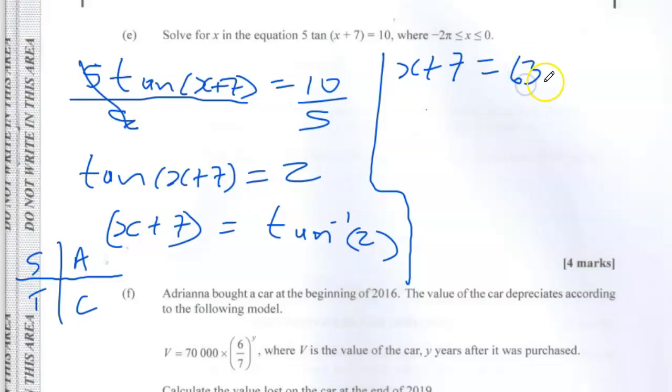Just use one decimal, please. 63.4 degrees. And if you want the other angle, tan is also positive in the third quadrant. So this is 0, over here is 180. So to get to the third quadrant, you can add 63.4 to 180.